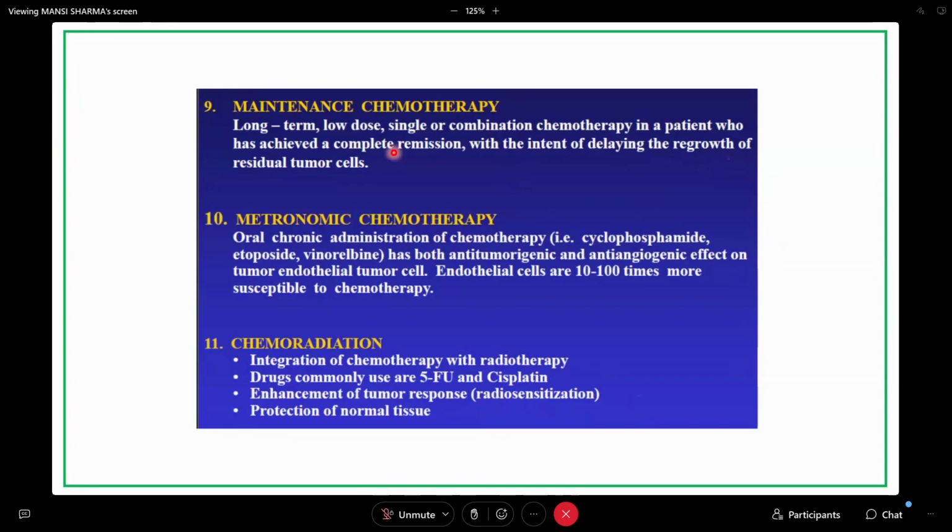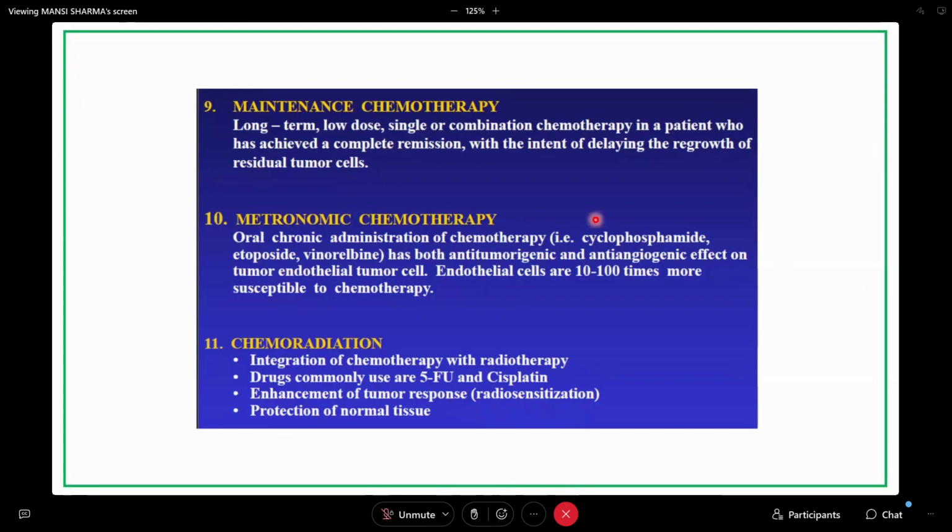This is mostly used in acute leukemias. In solid tumors, adjuvant capecitabine in breast cancer can be considered a kind of maintenance chemotherapy. We also use, there's some data for using erlotinib in head and neck cancer. It's not very strong data, but it's coming up.